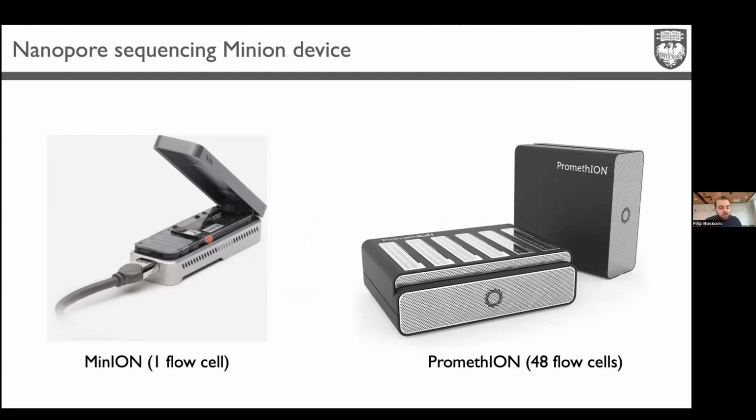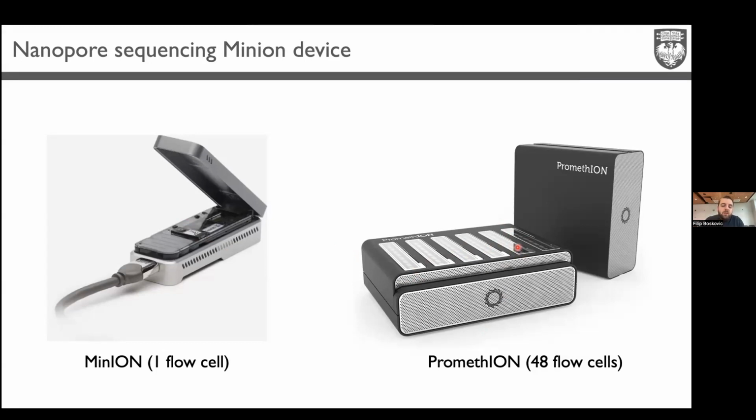Depending on your purpose, if you have a very large plant genome that you want to sequence, or a lot of clinical samples, then you can use the PromethION or GridION. It's just fancy names for devices that serve the same purpose. And then you can parallelize. You can do more measurements at a time. So it's kind of similar to Illumina next generation sequencing, where you just run more experiments at the same time.